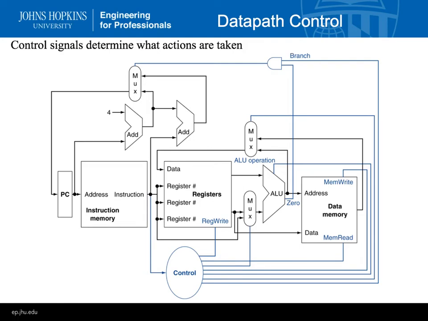And now here's everything added in. Here are our multiplexers. Here we're going to send a signal. All these blue lines in here are control signals. The black is the instruction going through; the blue are control signals. We're going to talk about how those control signals are generated, but they tell the data path what to do.